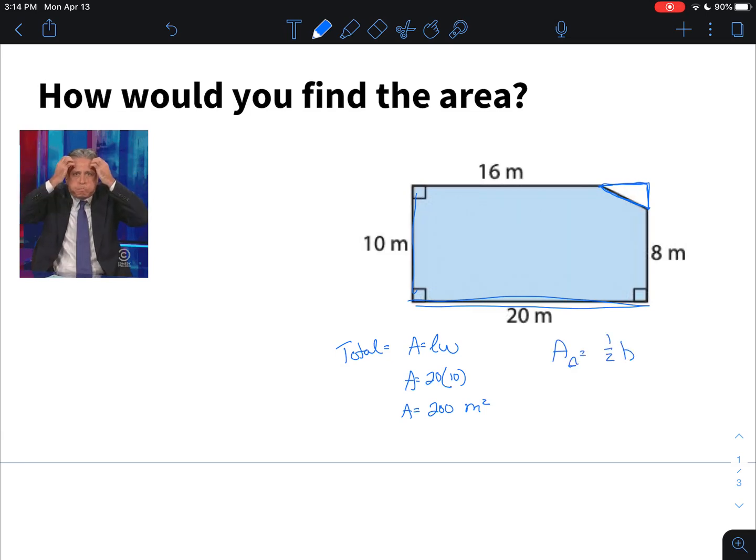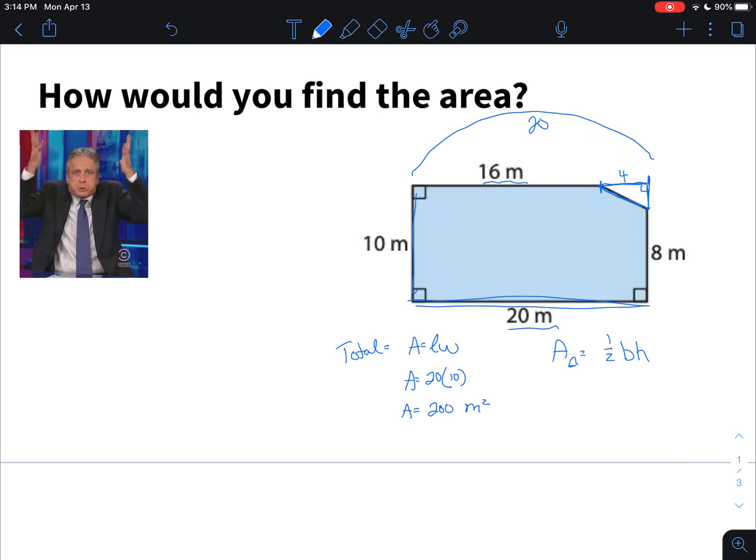So area of a triangle is 1/2 times the base times the height. So we need to figure these out. This little piece right here, this is a 90-degree angle. So this little piece right here is going to be the base of the triangle. Matching this side right here, I know this whole thing is 20.